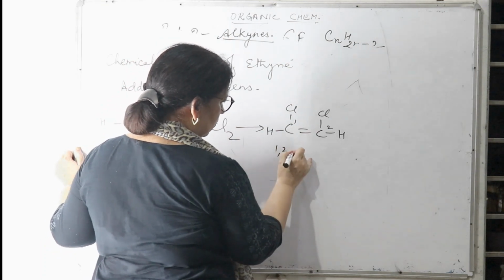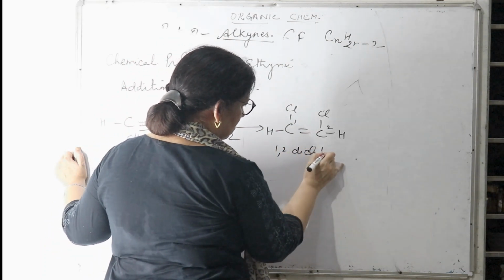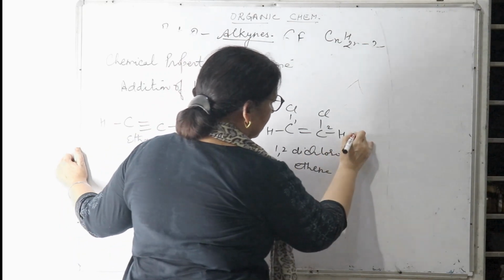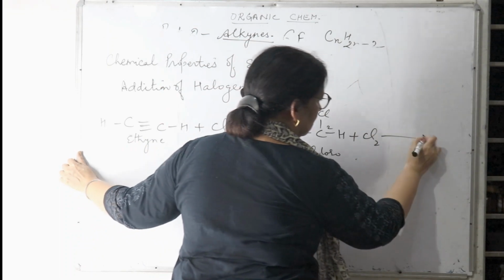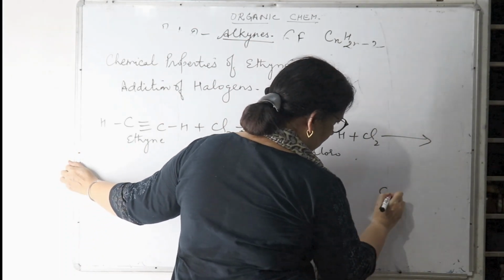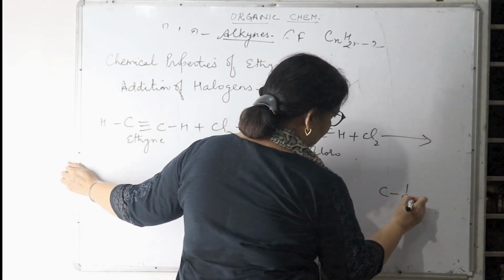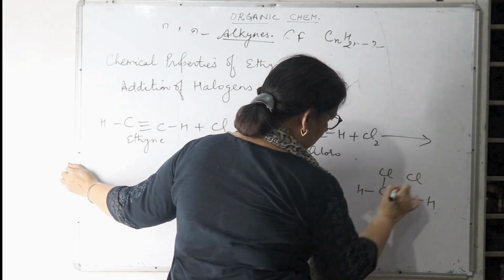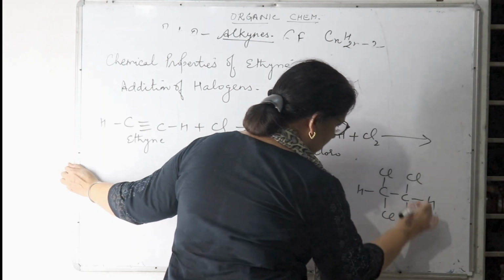So 1,2-dichloroethene, because a double bond is there. Again add chlorine into it, and this will become C, H, H, Cl, Cl, Cl and Cl.